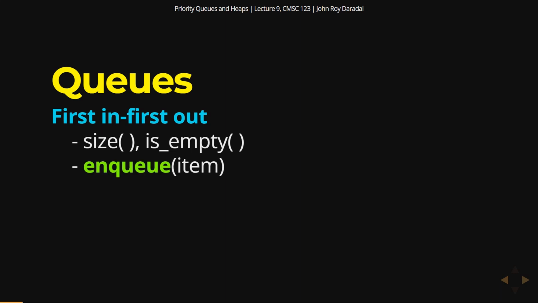Some of the methods for the queue were size, is empty, enqueue to add items to the queue, dequeue to remove the front item, and front to just look at the front item without removing it. Okay, so we're already familiar with the queue.